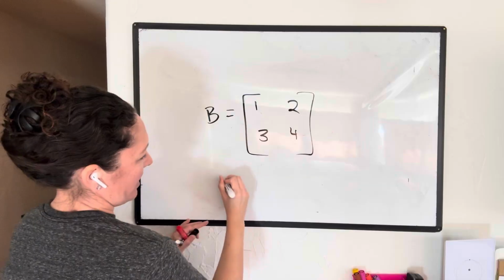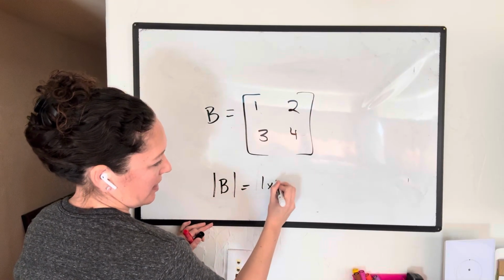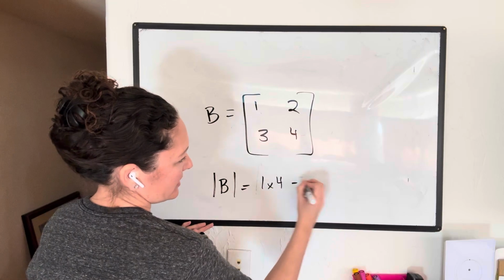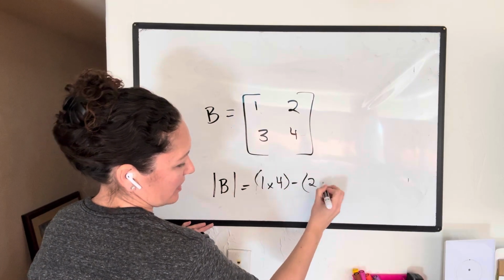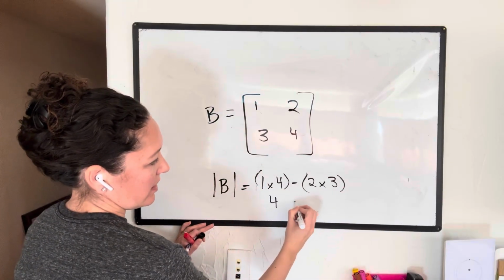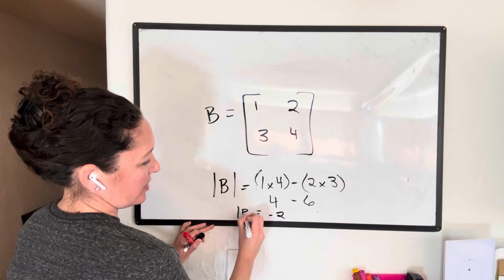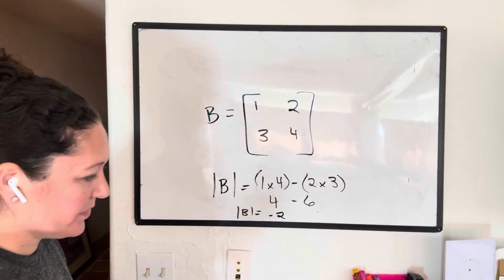We would have the determinant is 1 times 4 minus, put the parentheses around this so it's easier to read, 2 times 3. Okay, so we have 4 minus 6, which is -2. So the determinant equals -2.